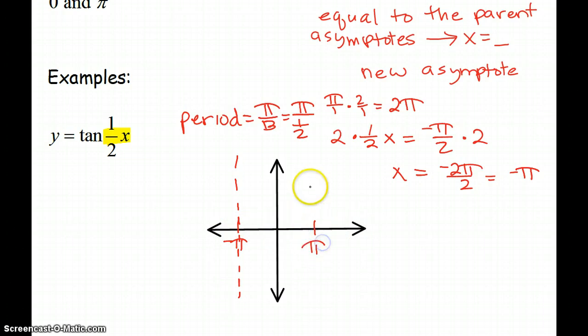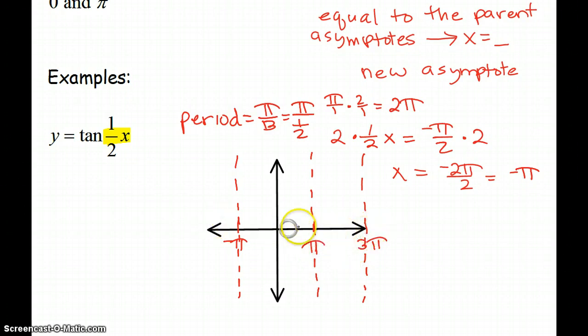So this is my next asymptote. And if I wanted to go to another asymptote, I would have to add 2 more pi to this, so I would end up being over here at 3 pi. So your period tells you, you have to use one of the parent asymptotes to find the initial asymptote. Then after you find that one, you can find the others by using your period.